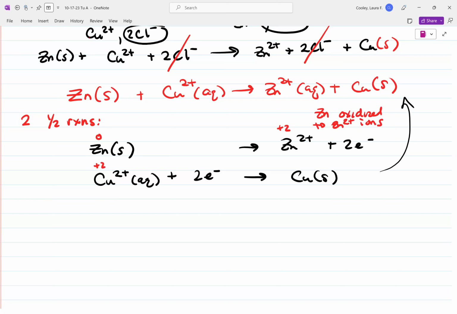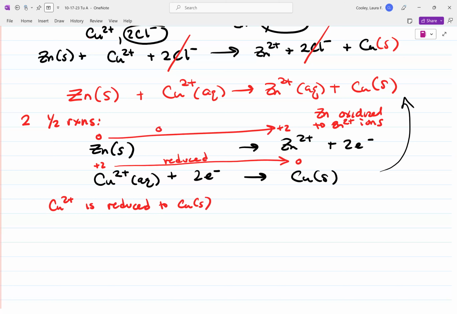Here I have a +2 on the copper. So copper 2 plus is reduced to copper solid. The charge goes from +2 to 0. It's reduced. This one is going up, it's oxidized.